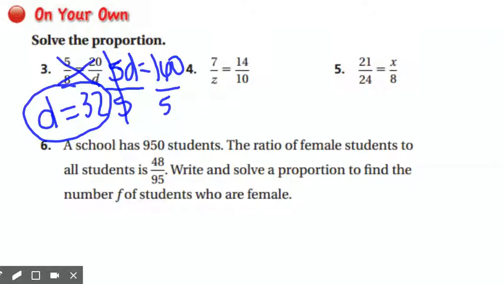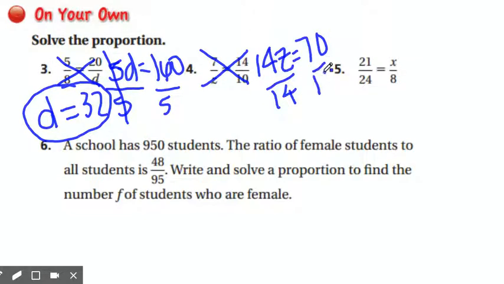All right, number 4, I'm going to cross this way first, and I get 14Z equals 70. All right, divide both sides by 14, and Z equals, sorry, my equal signs are not working out today. Z equals 5.